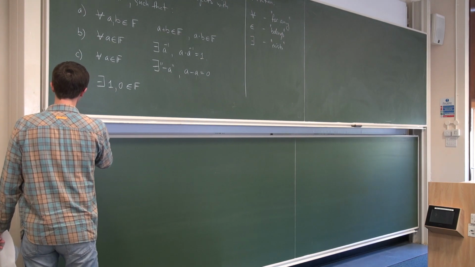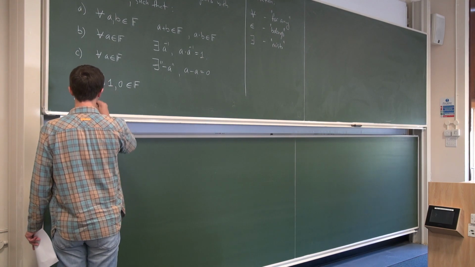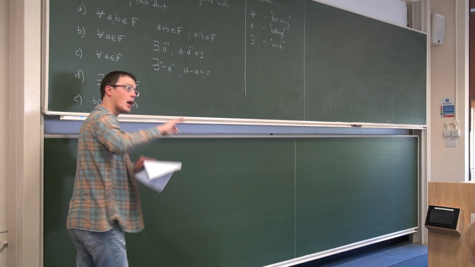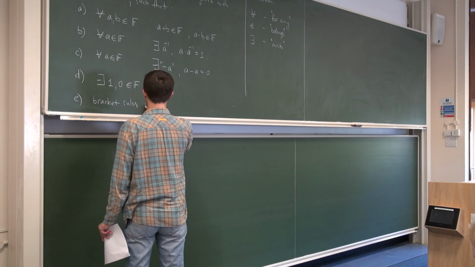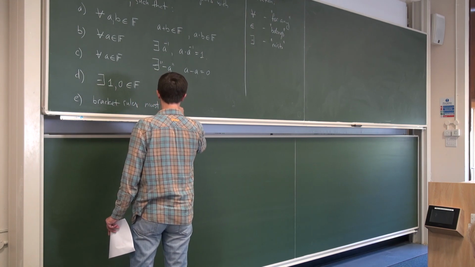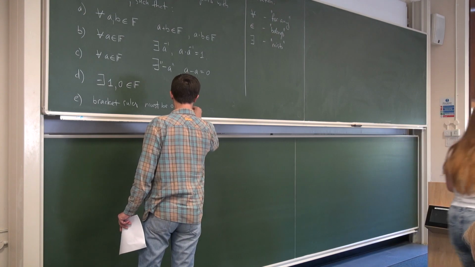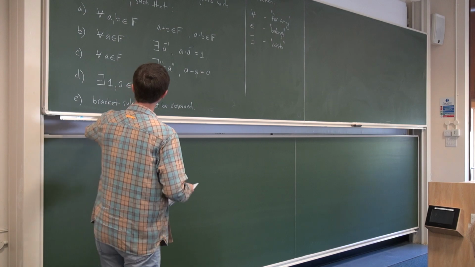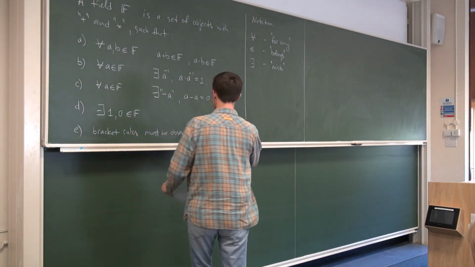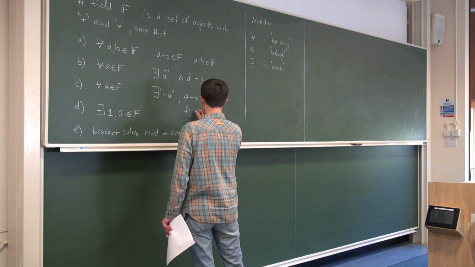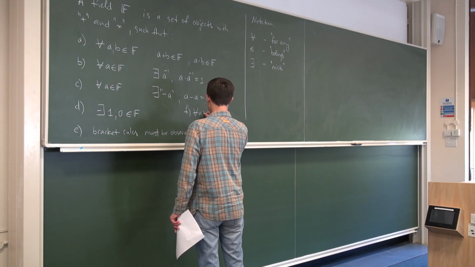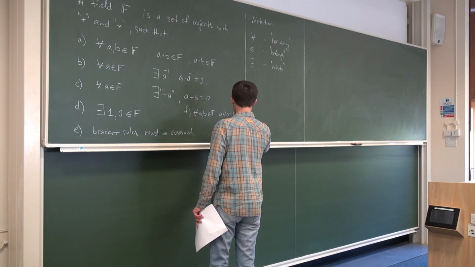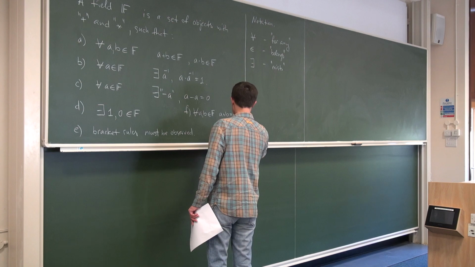Various other minor things. So bracket rules, like how you are opening brackets, must be observed. And I think that, no, there's another rule, F, for any A and B belonging to F. A plus B must be equal to B plus A, and AB must be equal to BA.